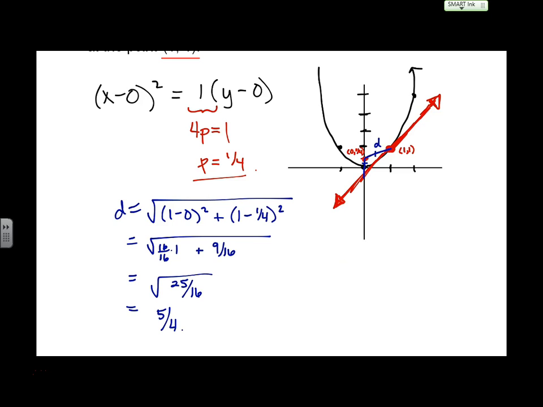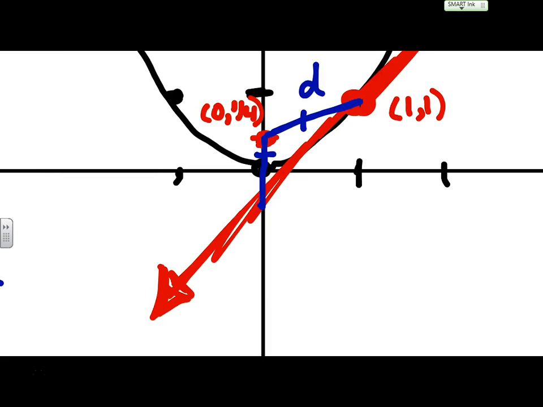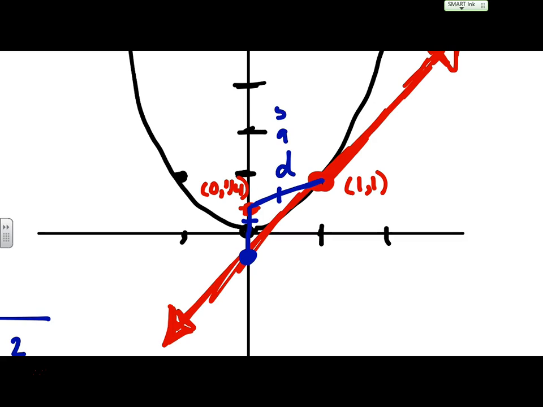So, if D is 5 over 4, and D is congruent to the distance between the focus and this second point on the tangent line, the focus lets us get another point on the tangent line. As you go down, how far? D is 5/4, so this distance has to be 5/4, but I'm going down that amount.